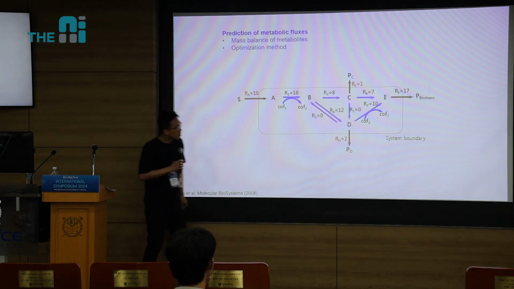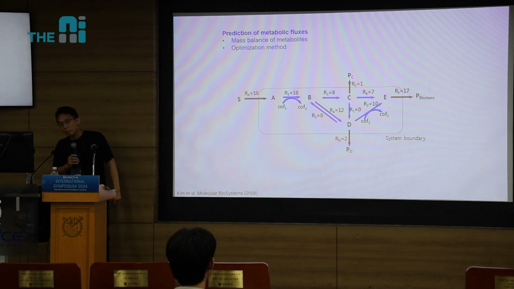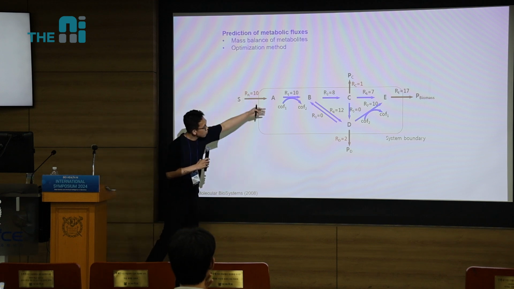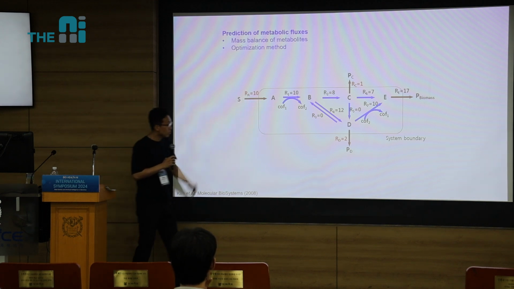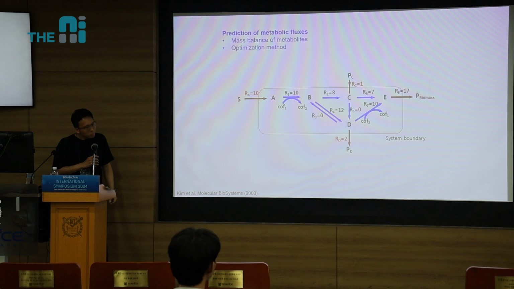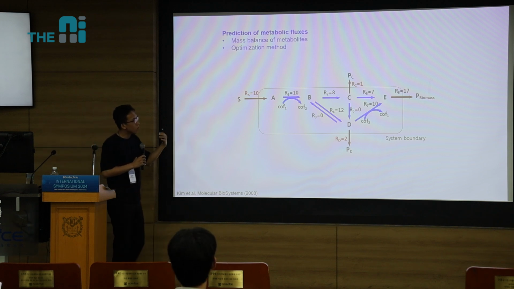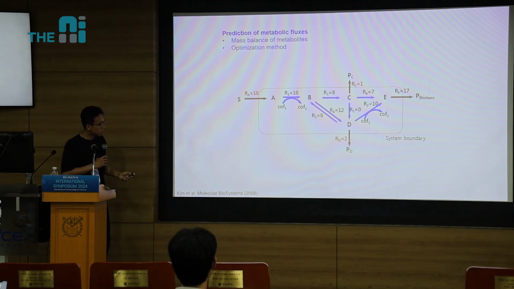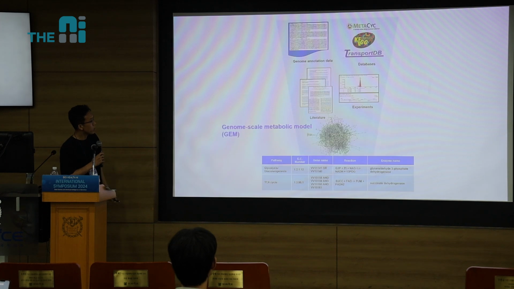Each arrow indicates a biochemical reaction catalyzed by an enzyme. What the metabolic model does is allow us to predict the reaction rates, or flux values, for each reaction. Using this technology, we can calculate metabolic phenotypes by looking at the predicted flux values for each of the biochemical reactions.